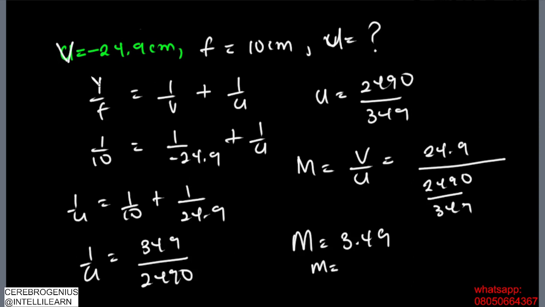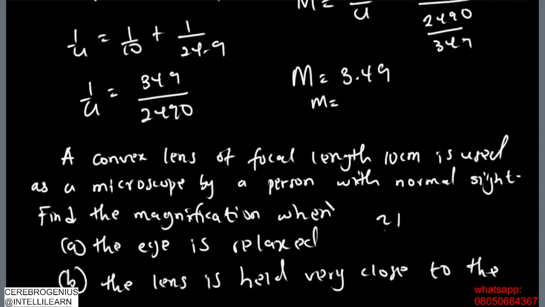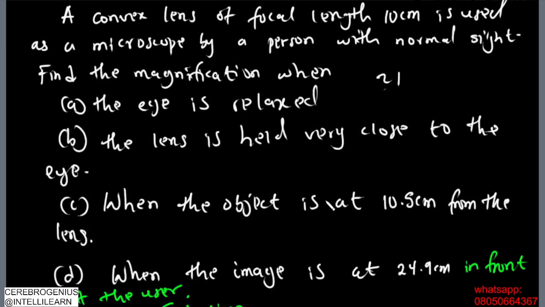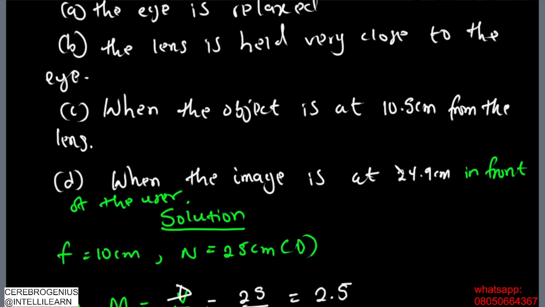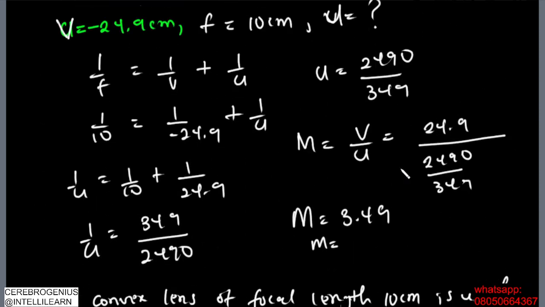Now this value is actually also not possible because when the object is this distance from the eye, it means that the object is now at a distance closer than 25 centimeter. The object cannot come within 25 centimeter of the eye. So that means that this 24.9 is also a distance that makes the object stop functioning as a microscope.